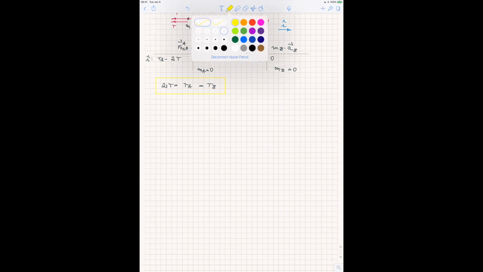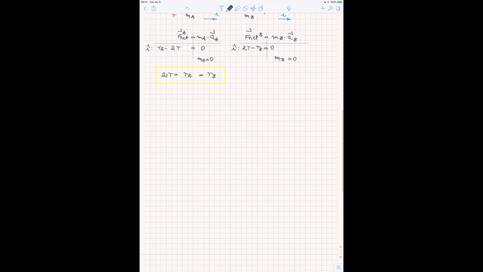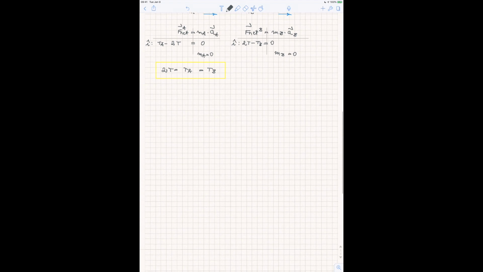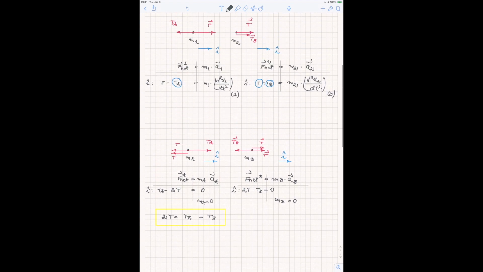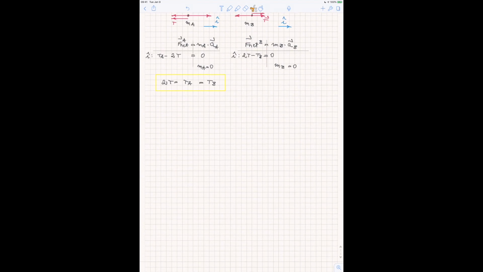Okay, let me now go back and continue formulating the force equations. Let me copy this equation here. This is what we just had before.